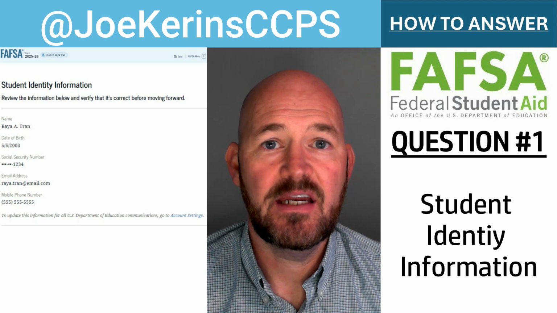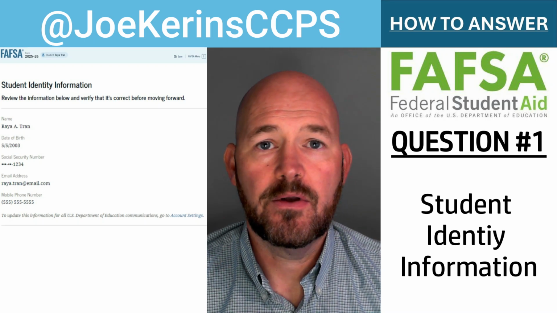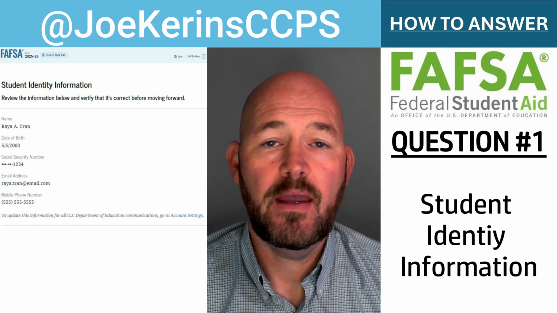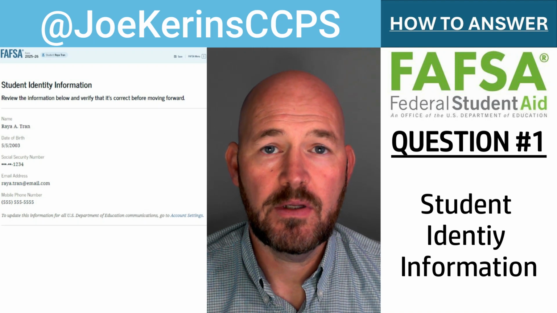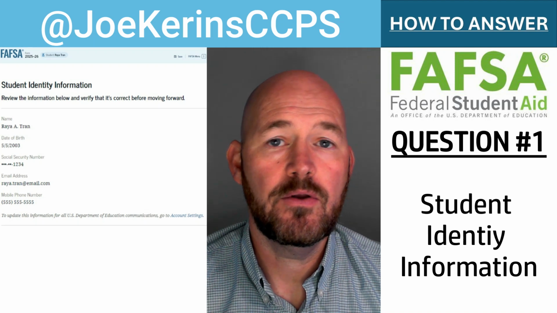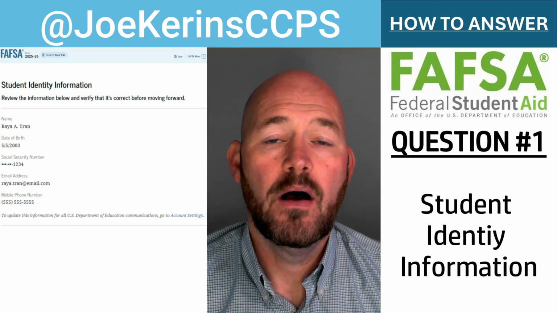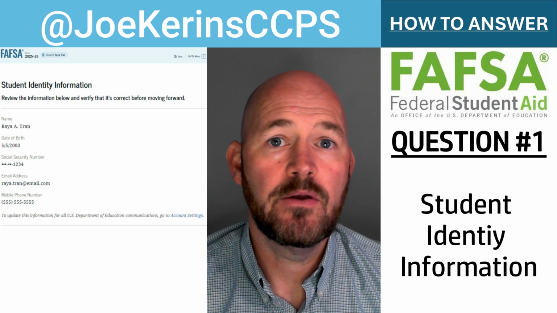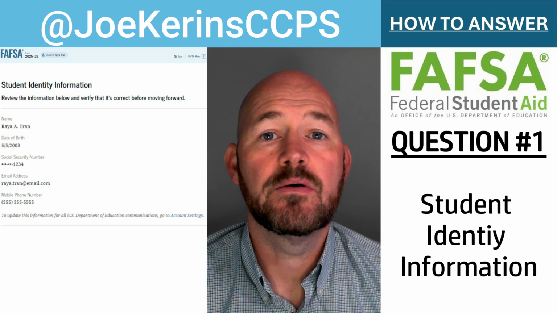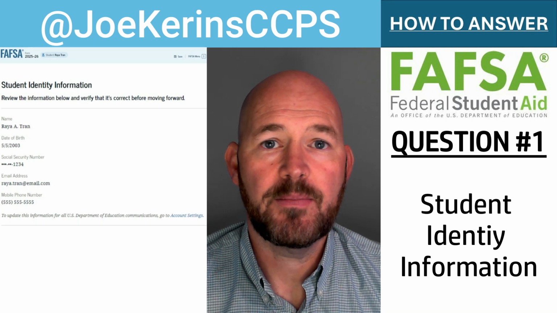So you're not using any nicknames. You're also going to input your date of birth and your social security number. If you don't have a social security number, you can also input your tax identification number here. Make sure, again, not using your nicknames. And number 2, make sure that you're using this name on your college applications.